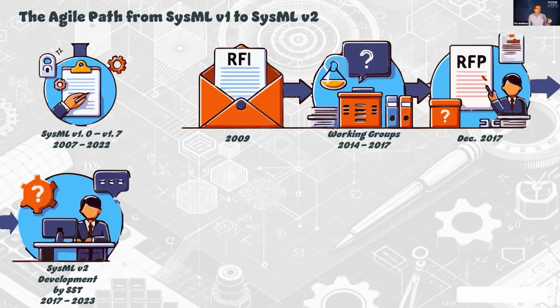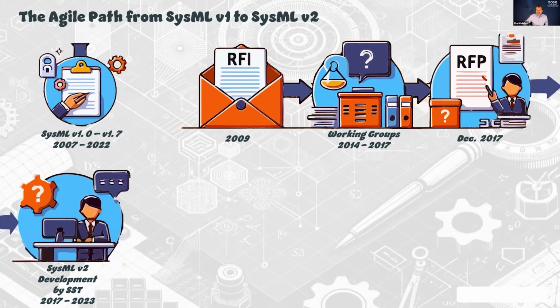What is missing? What's wrong? What's bad? And so forth. And the result of this request for information was that nothing was done for the time being, but it was then not until 2014 that working groups were set up to prepare the step to the SysML version 2.